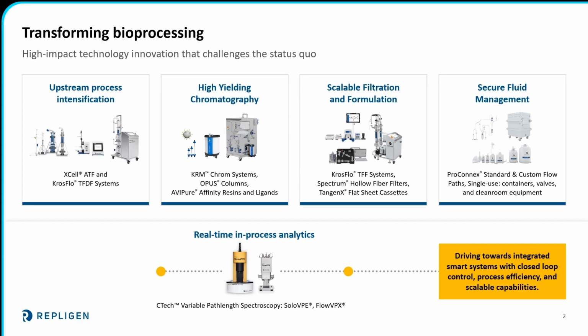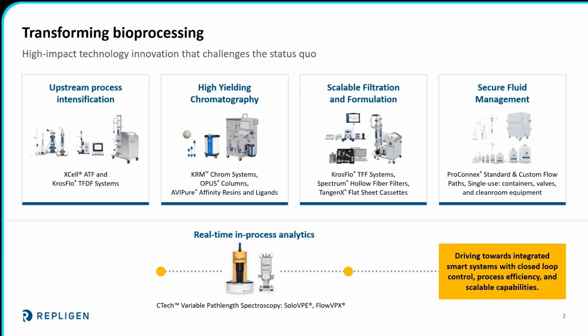Repligen offers innovative solutions for all the key stages of bioprocessing, from upstream intensification methods using ATF and TFDF through chromatography. Systems focus on improving high yield, and we are obviously well known for our OPUS columns. We continue to provide systems that improve productivity in the downstream process: filtration and formulation systems that are scalable from process development to production.